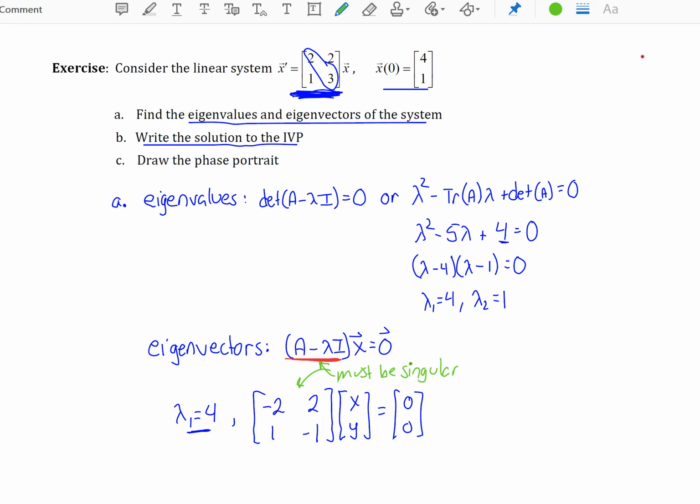Meaning the determinant has to be 0, or even more important, these columns are not going to be linearly independent, which means one of these columns is a multiple of the other, and we want to use that to find an eigenvector. So I'm noticing, what if we did 1 times the first column and 1 times the second column, and we added those together? That would give us the 0 vector. And so we'll take that as our first eigenvector.